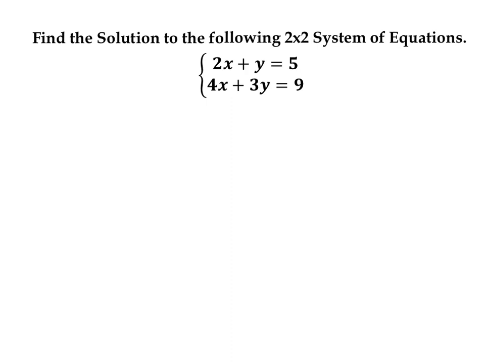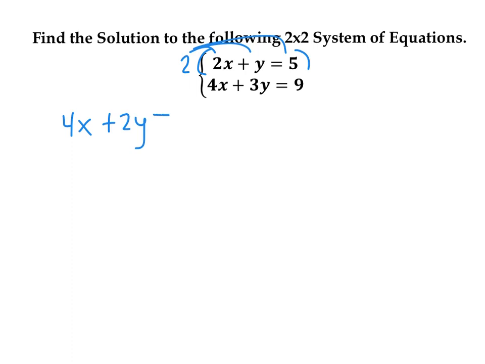So I'm going to go ahead and multiply the first equation times 2. I'm going to multiply the entire equation times 2, and I'm going to rewrite my system. The thing is, I have to multiply everything times 2. So 2 times 2x is 4x. 2 times y is positive 2y.